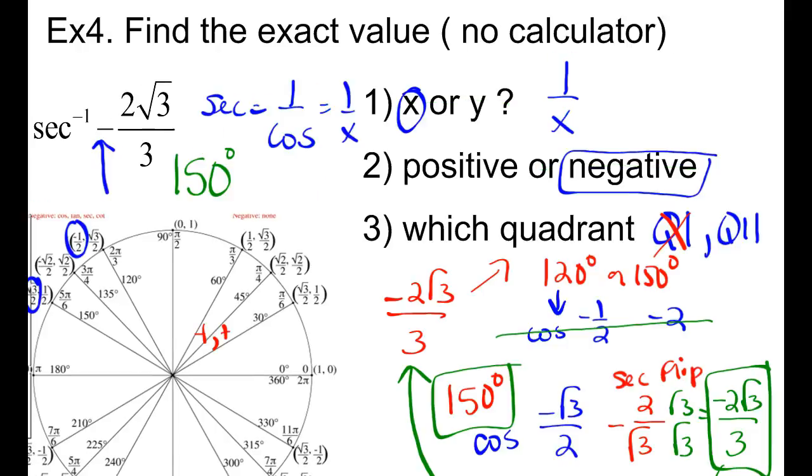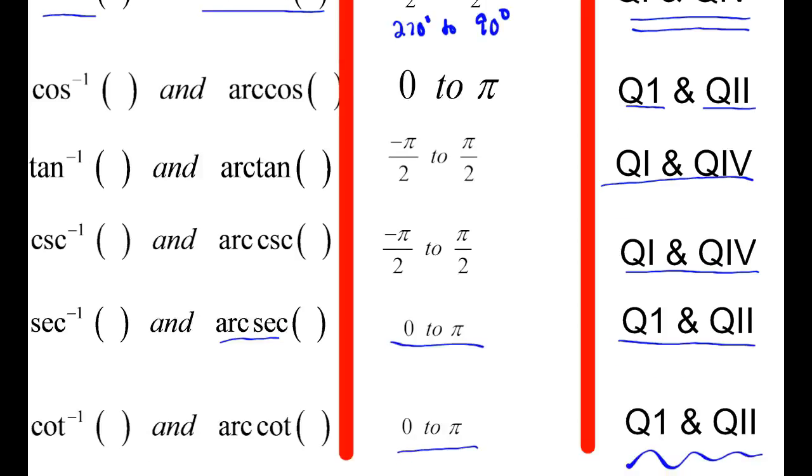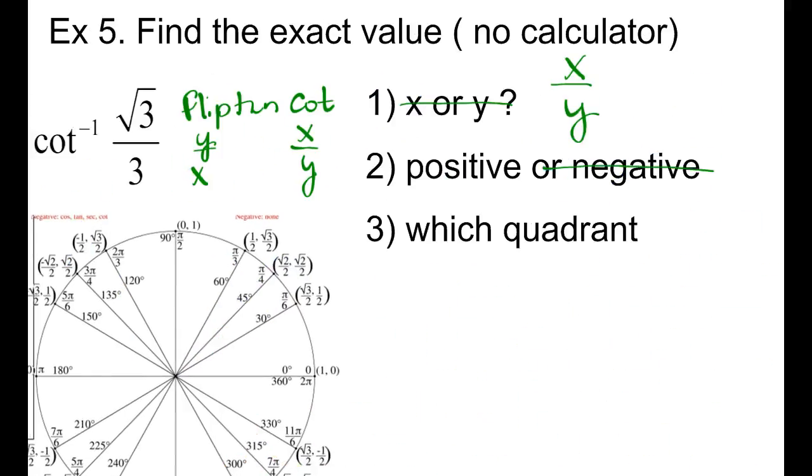And cotangent, look in your chart. Cotangent is quadrants 1 and 2 is where I can pull my angles from. Well, since it's positive, I'm looking in quadrant 1. So I'm looking for the square root of 3 over 3.